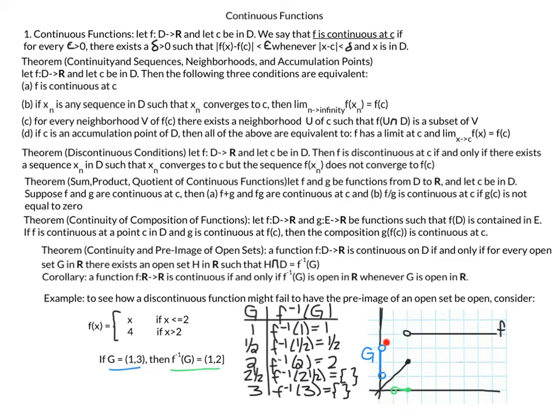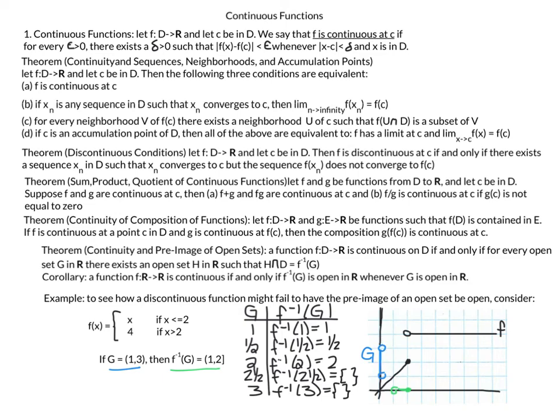We're going to look at an open set G going from 1 to 3, not including the endpoints. And we're going to see that the pre-image of this set is not open. In particular, you can see the pre-image is going to be for 1 to 3 are the points, and here because this is open, we don't include the 1, so the first part is open, but then over here it actually does include the point 2, so it's half open, half closed.